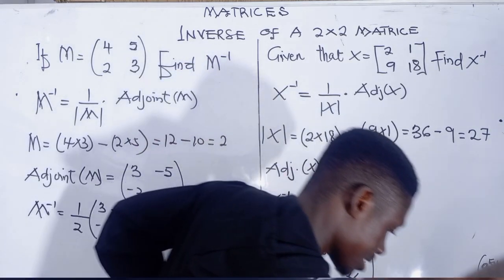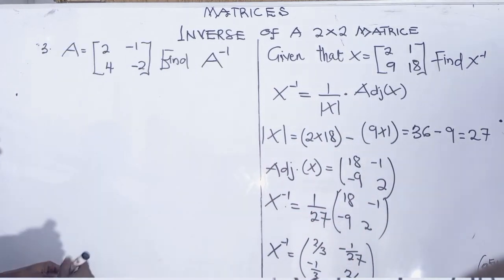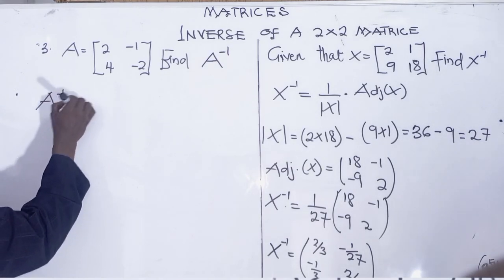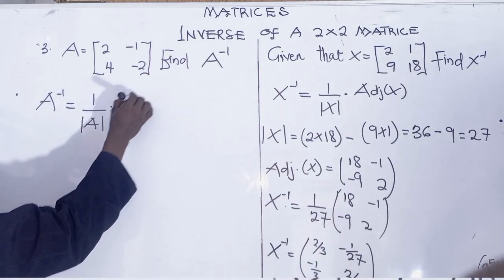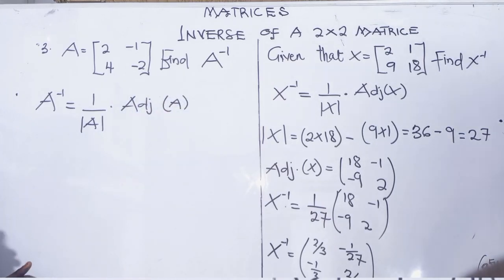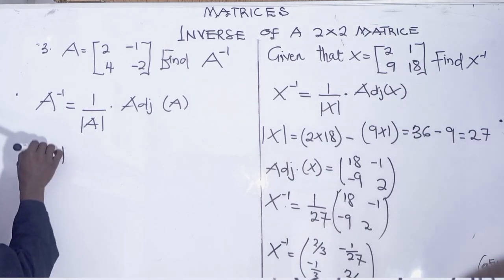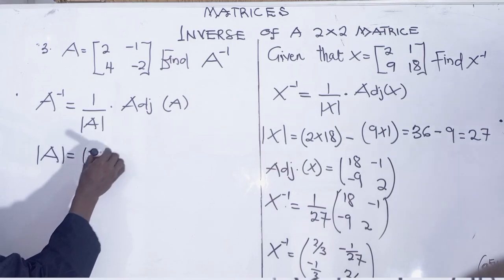Let's look at our next example. So we want to find the inverse of matrix A, and we know that the inverse of a matrix is given as 1 over what? The determinant of A multiplied by what? The adjoint of matrix A. So first of all, let's find our determinant of matrix A. So we know that this times this, 2 times what?